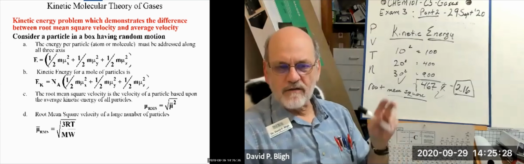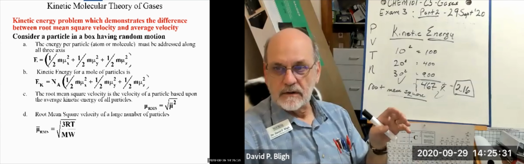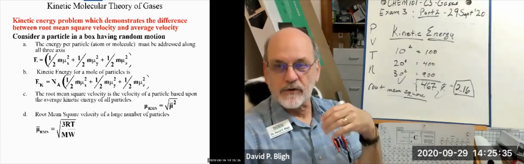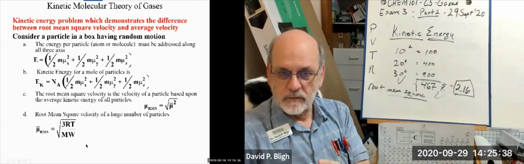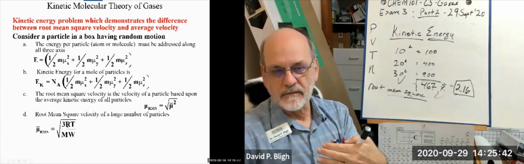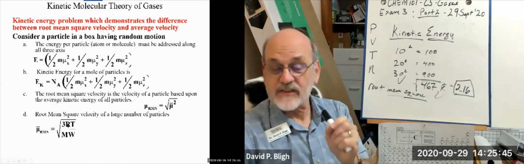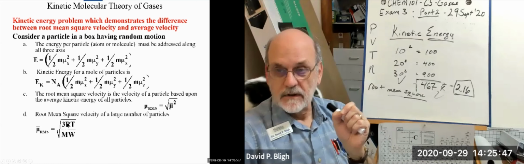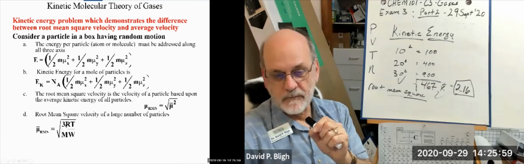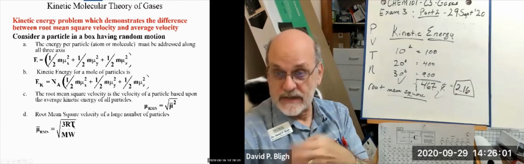The root mean square velocity of the particles in your gas, which is sort of an average of the particles, is proportional to the square root of this expression: 3 times the gas constant, and this gas constant will probably be the one with energy, the 8.3145. And the temperature, of course, will be in Kelvin.